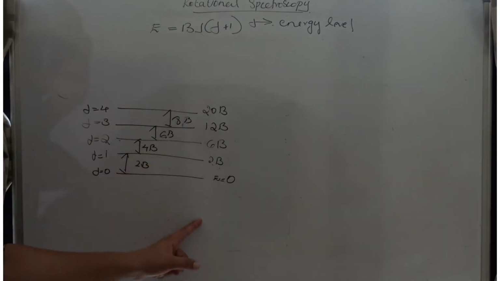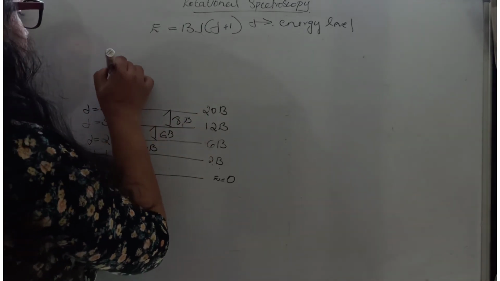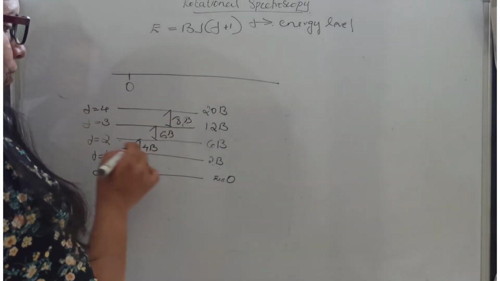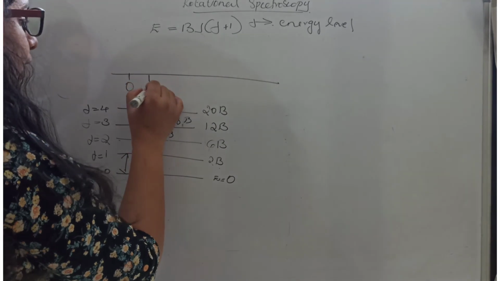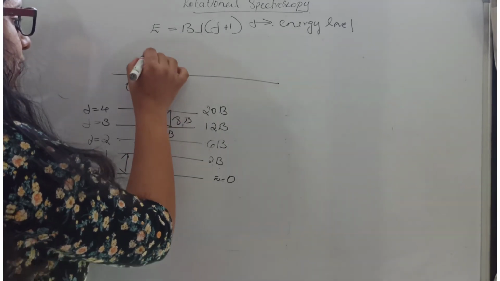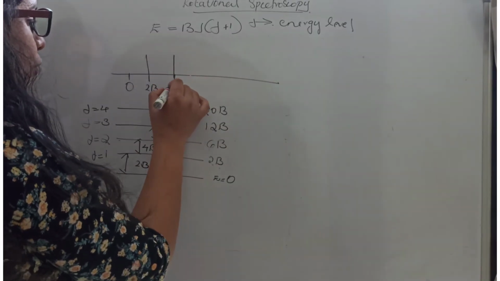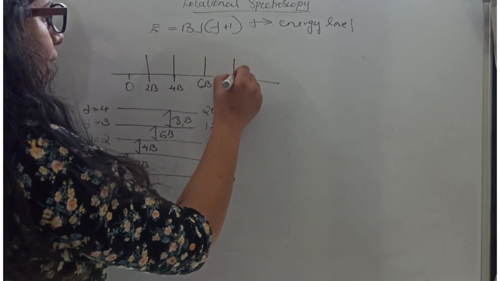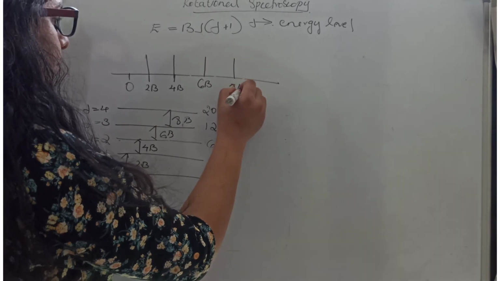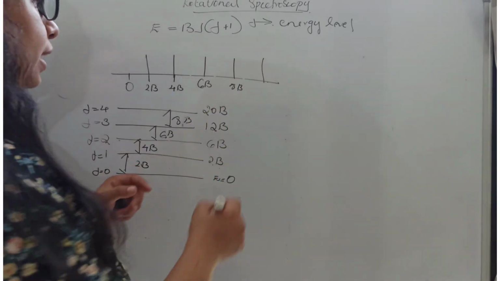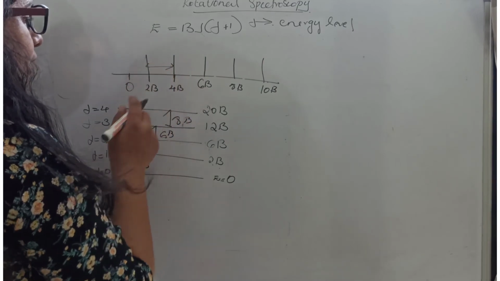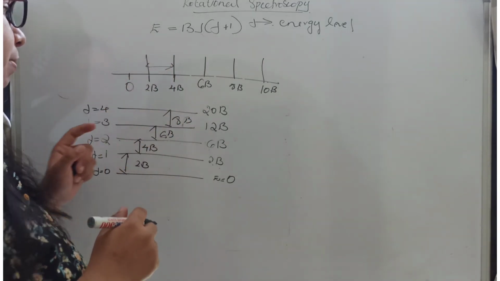For the time being we will look only up to this. So how will a rotational spectrum look? The ground state will be 0, the next excited state line will be 2B, the next one 4B, the next one 6B, the next one 8B. The energies are 2B, 6B, 12B, but the rotational lines come at 2B, 4B, 6B.